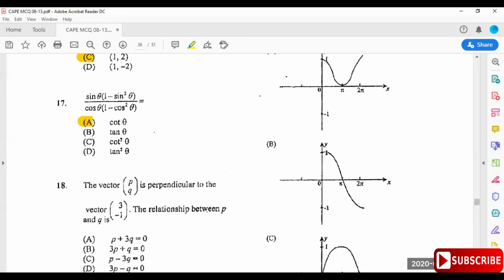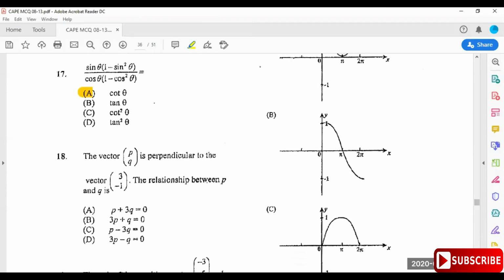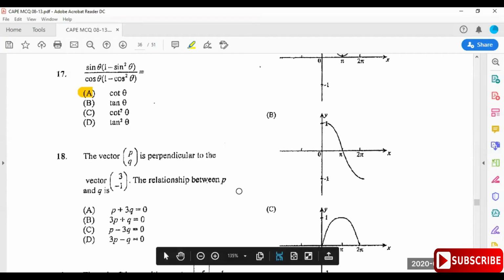All right, so that's question 17. Question 18 says the vector PQ is perpendicular to the vector (3, minus 1). If they're perpendicular, that means their dot product is equal to 0. So we set PQ dot (3, minus 1) equal to 0.